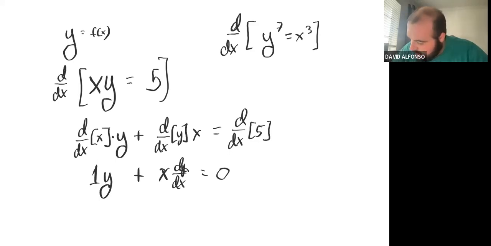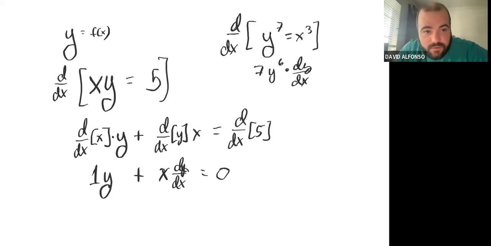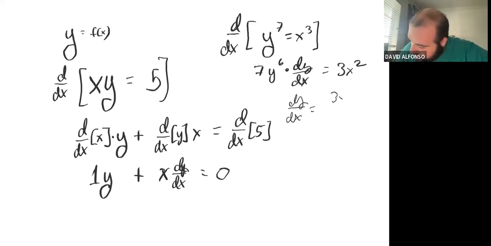You could say 7 times y to the 6th, but then you have to multiply that by the derivative of y, because you're doing chain rule, you have to multiply by the derivative of the inner function. And this would be equal to 3x squared. So then dy/dx would be 3x squared over 7y to the 6th. So that's basic implicit differentiation.